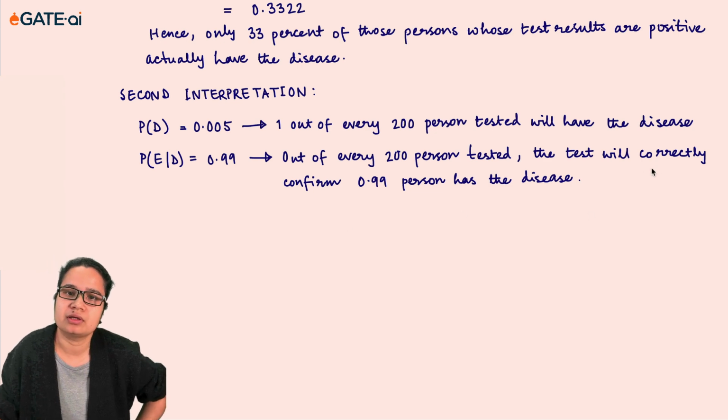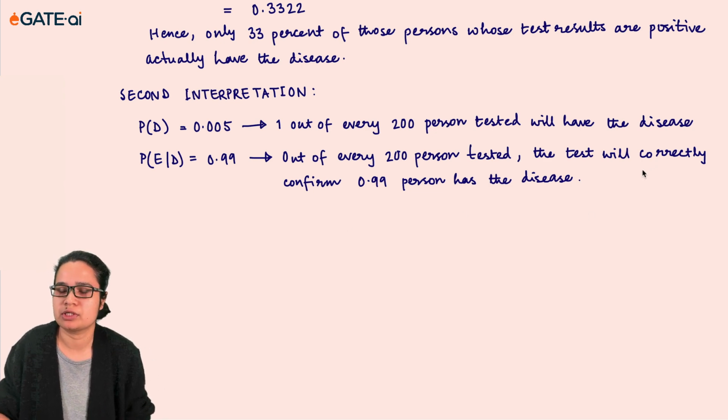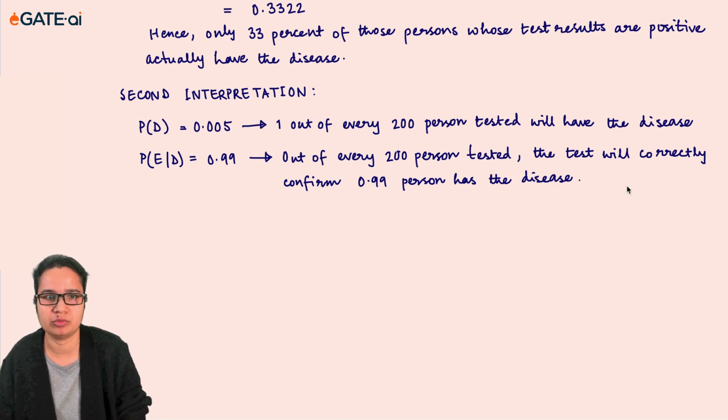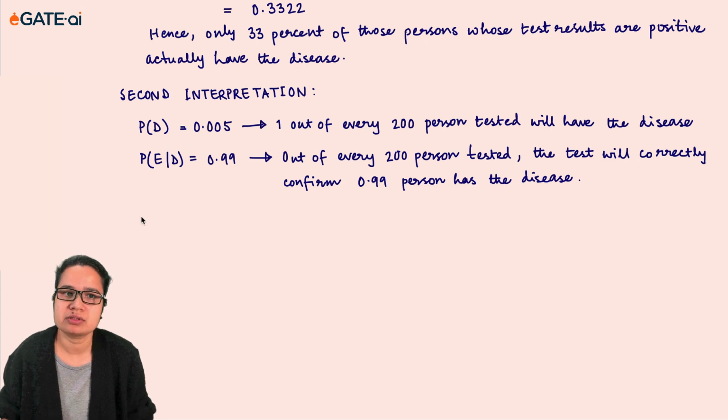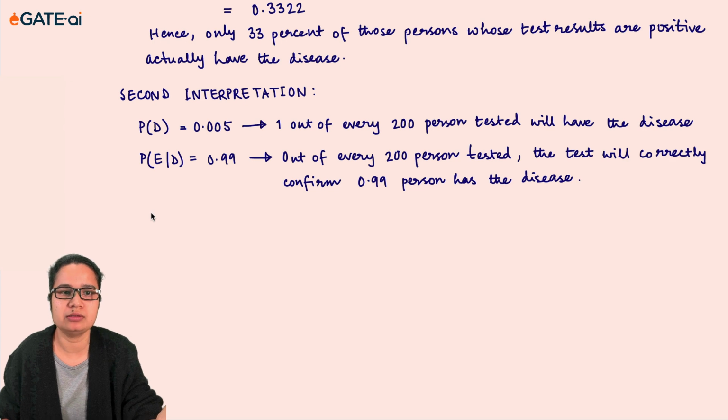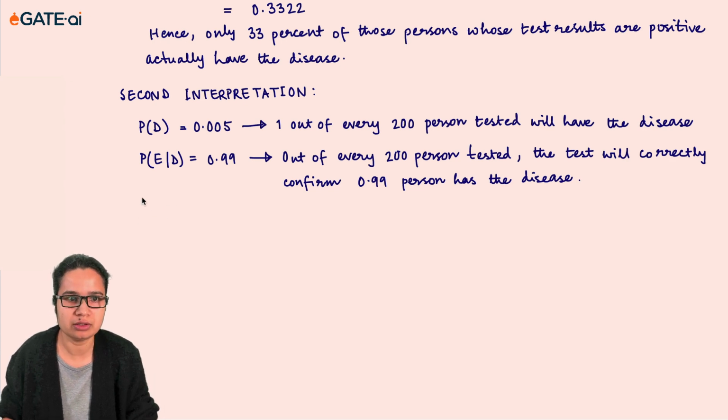Okay, so the test will correctly confirm 0.99 of a person has the disease, because only one person actually has the disease. So the correct confirmation is 99% of that, only one person. Now the test result will also say for a few healthy persons that the test result is positive, right? Because there is this false positive thing.